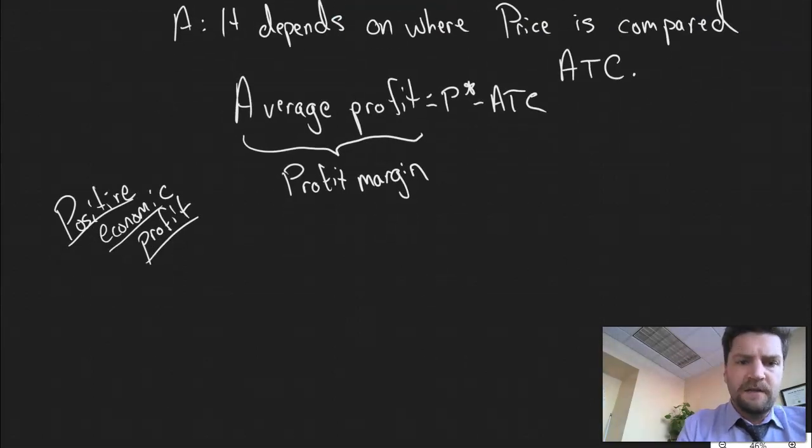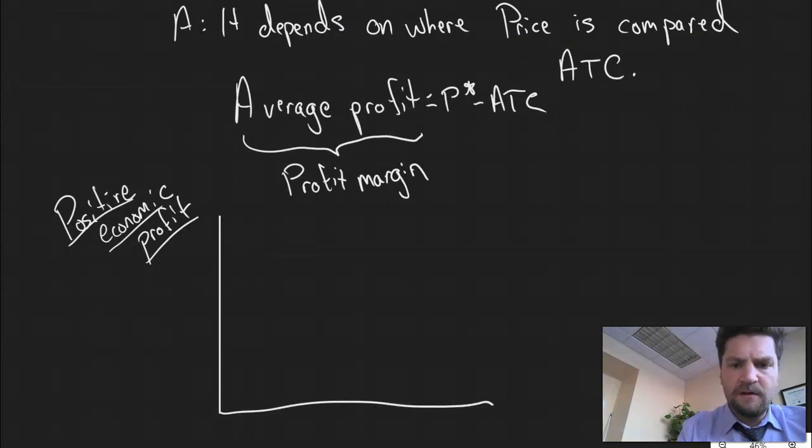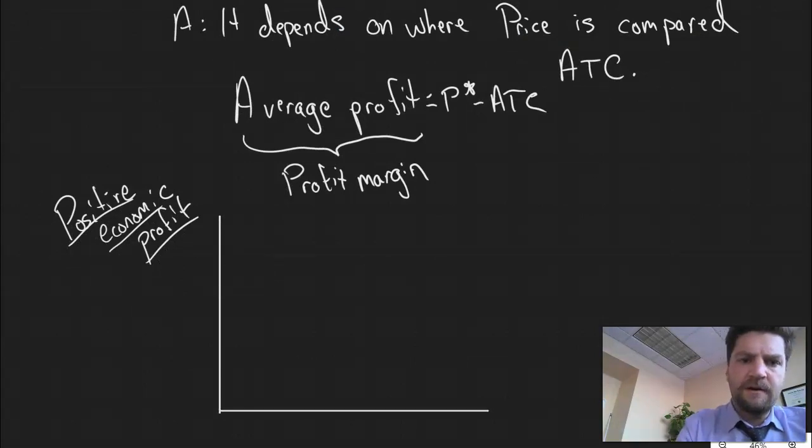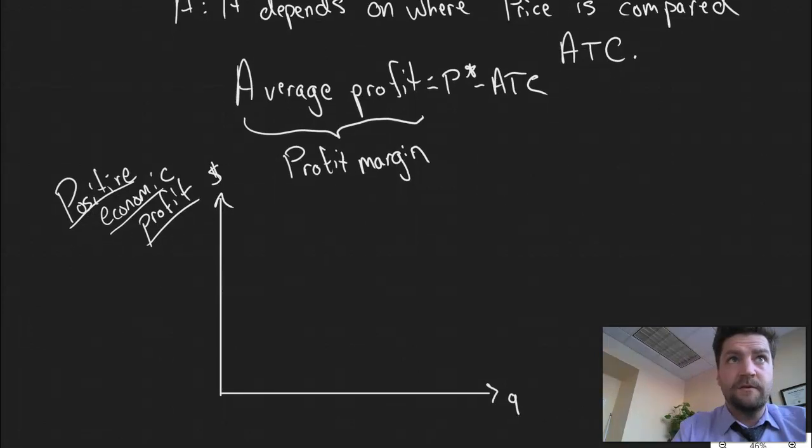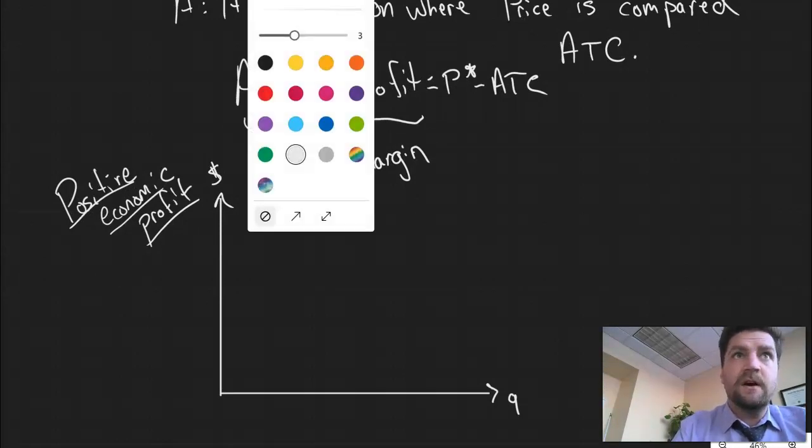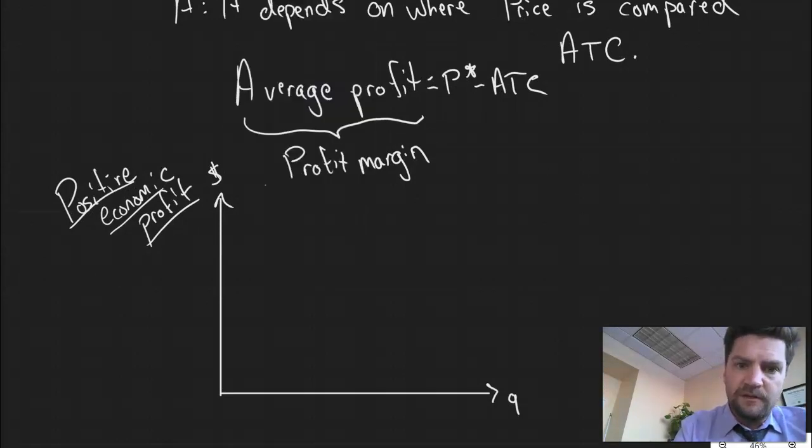So a positive economic profit is going to have a price that is associated with the equilibrium quantity for the particular firm that is above the average total cost curve. So in order to figure all this out, we need to include our average total cost curve.